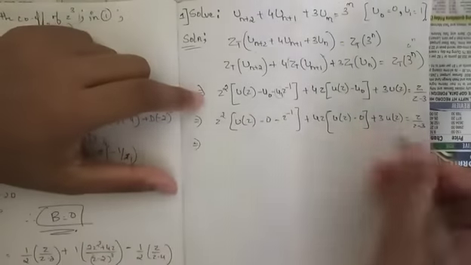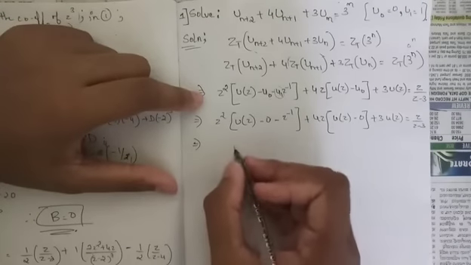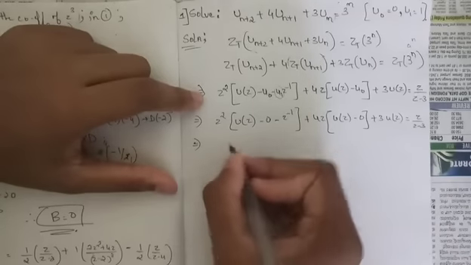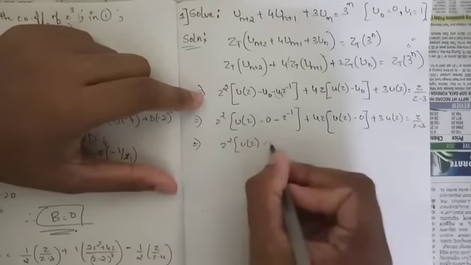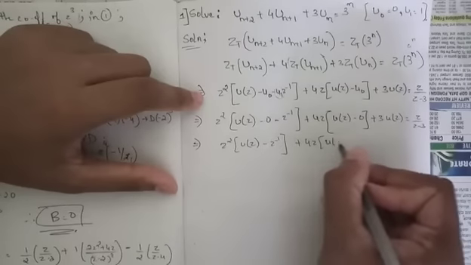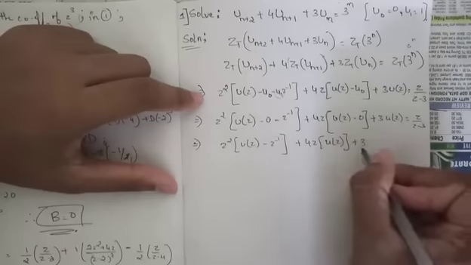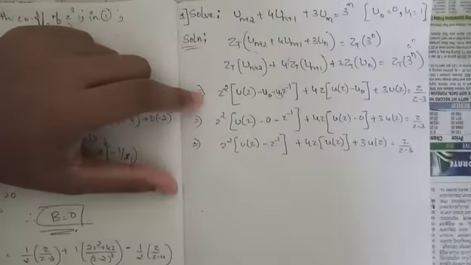So now only further simplification is left. Z square into u of z minus z inverse plus 4z into u of z plus 3 into u of z equal to z by z minus 3.